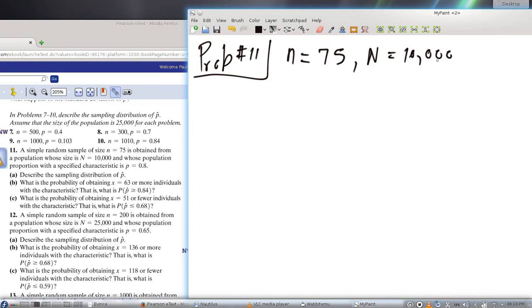Okay, and with a population proportion of 80% or 0.8. And now part A, we are asked to describe the sampling distribution of the sample proportion. In other words, we want to describe the p-hat distribution.